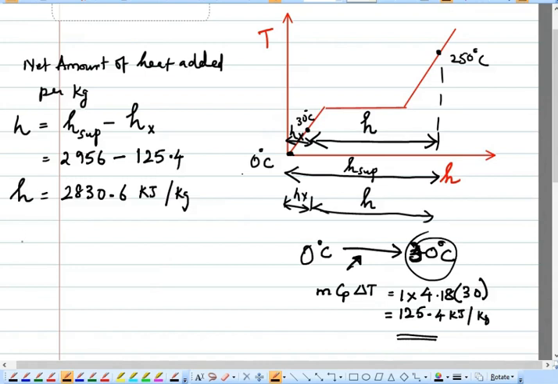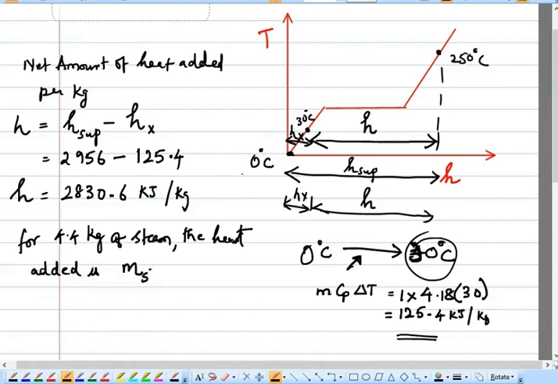But in the question you are asked to find for 4.4 kg of steam, the heat added is the mass of the steam into the enthalpy. So the mass of the steam is 4.4, into the enthalpy, 2830.6.